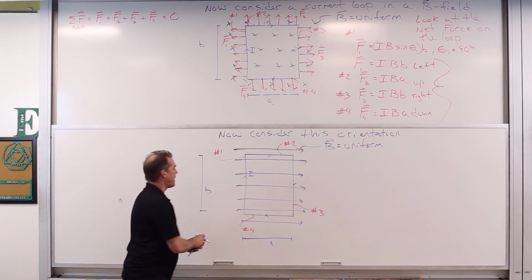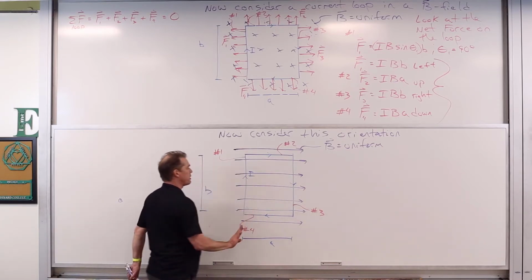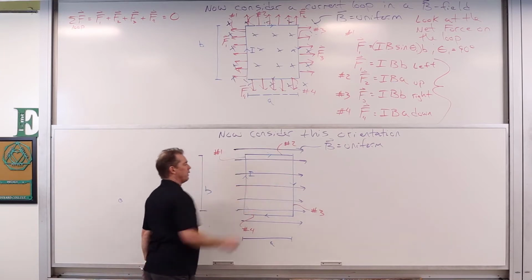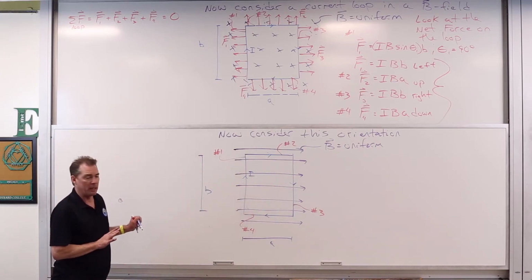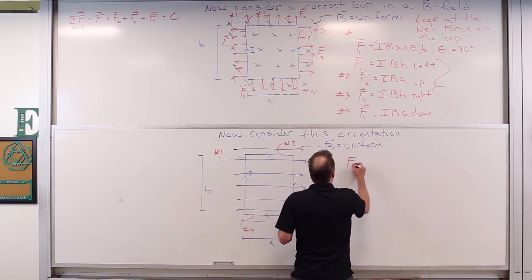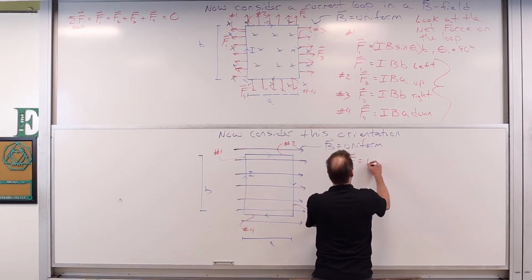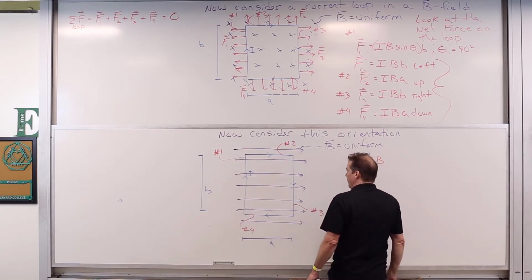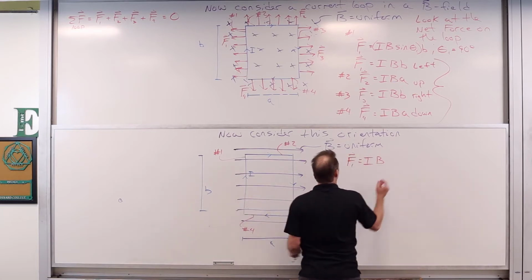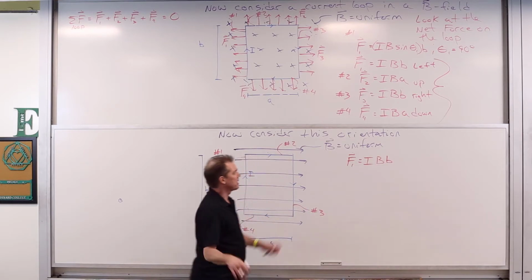So let's start with segment number 1. Let's look at the orientation of the magnetic field with respect to the direction of the current. Current's up, magnetic field's that way. There's a 90-degree angle between them. So the force F1 hat is equal to the current I multiplied by the magnetic field strength B multiplied by the segment length times the sine of 90 degrees, which just gives us the same thing.